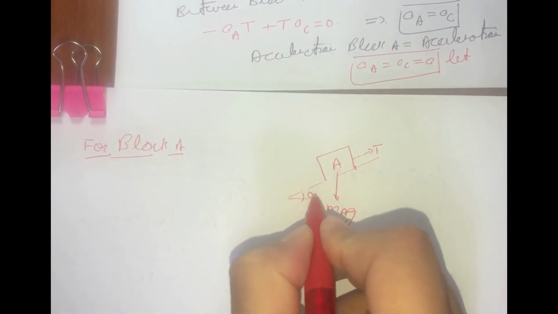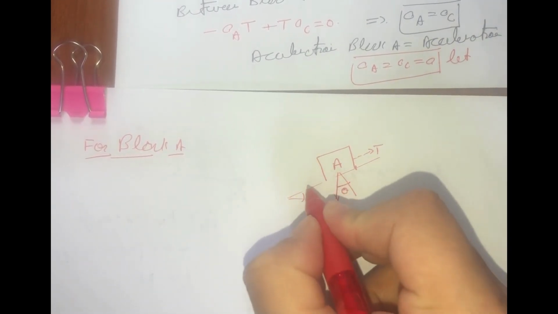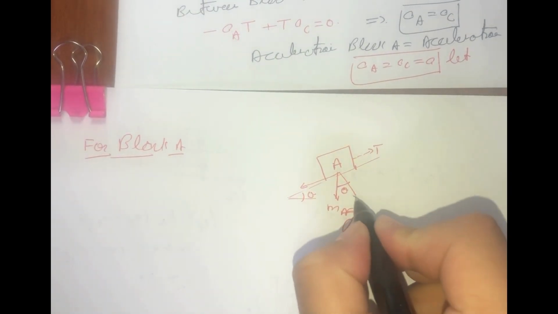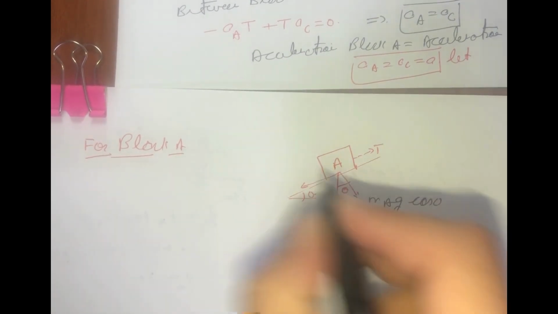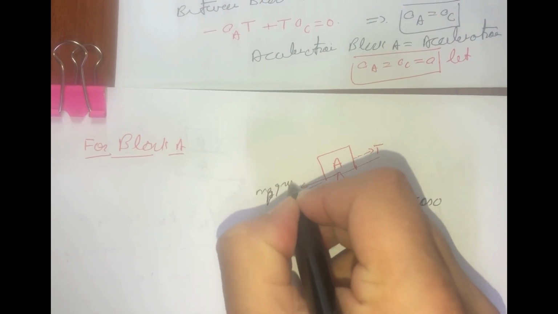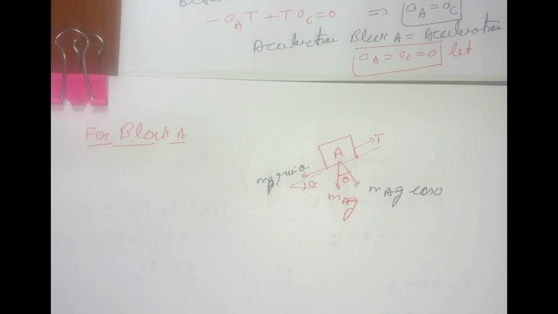This angle is given as theta, so we can divide into two components, giving mA g cos theta and mA g sin theta.